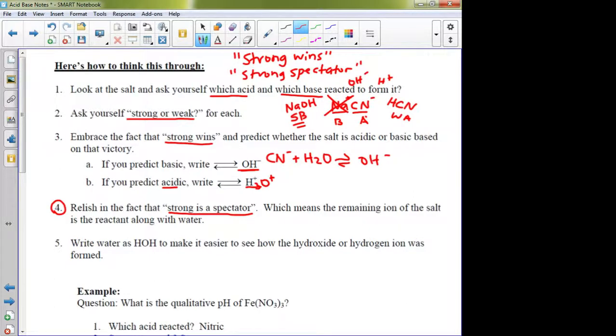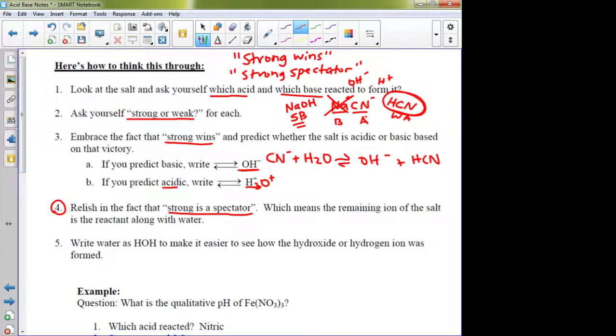Do we see that? Okay. And then we write our product. And your product is always going to be whichever weak substance it came from. So since it was the weak acid that it came from, the weak acid is my other product.